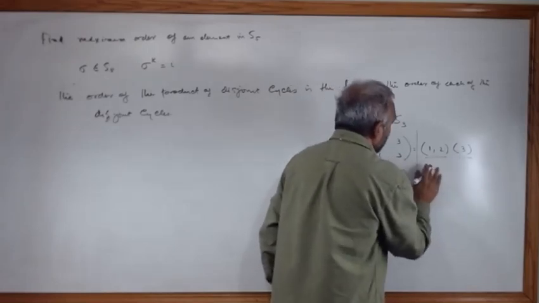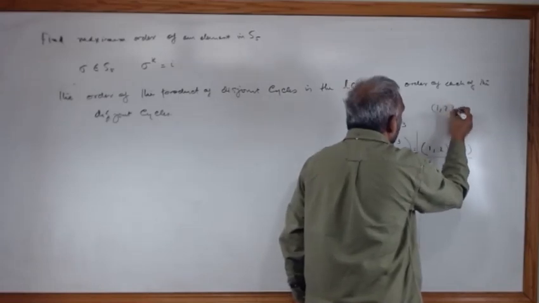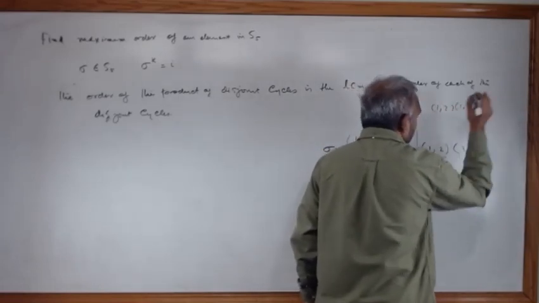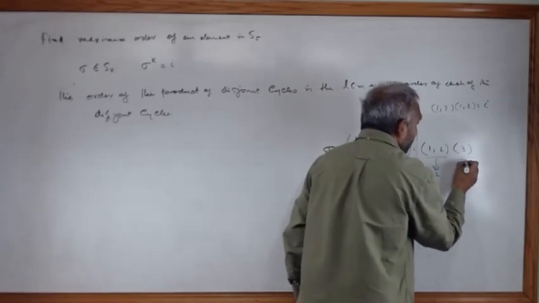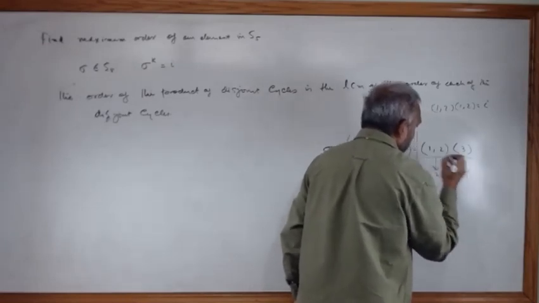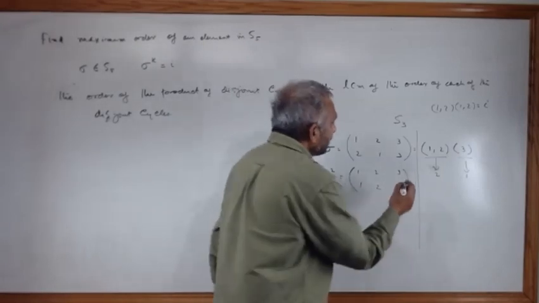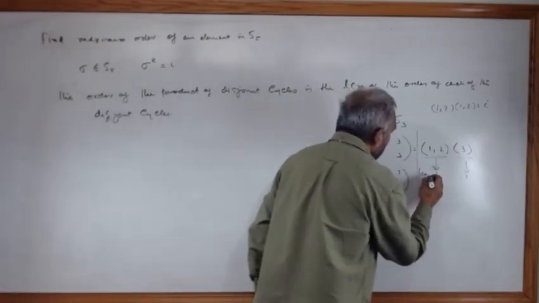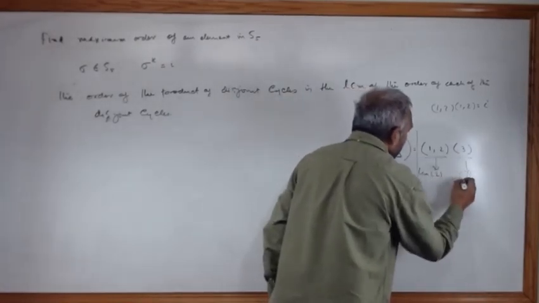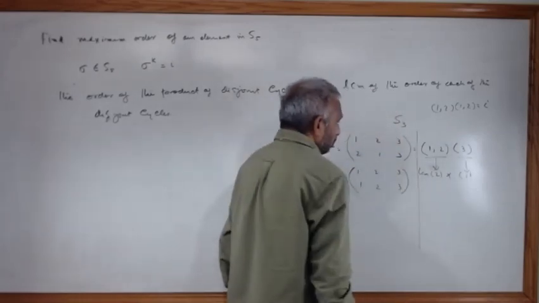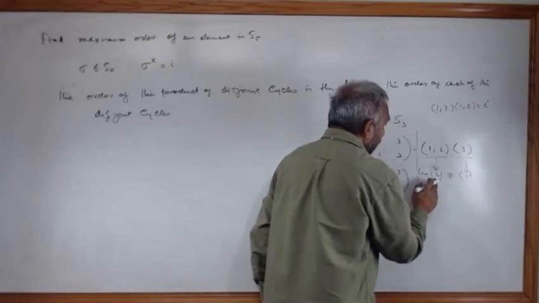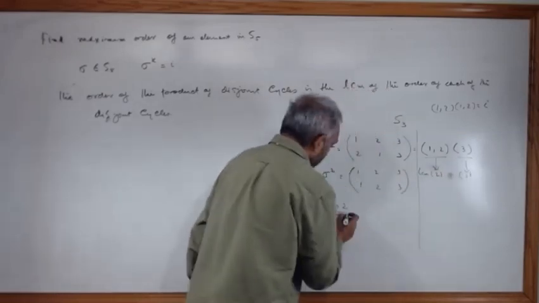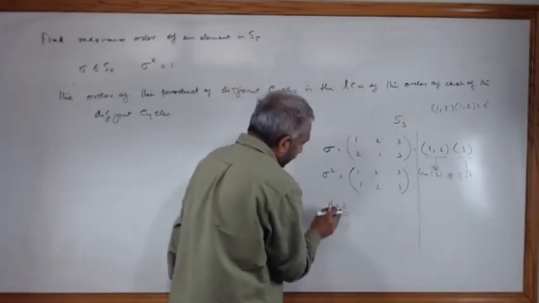Why? Because (1 2) times (1 2) is equal to I. And this is 1, the identity map itself. So the LCM of 2 and 1 is 2.